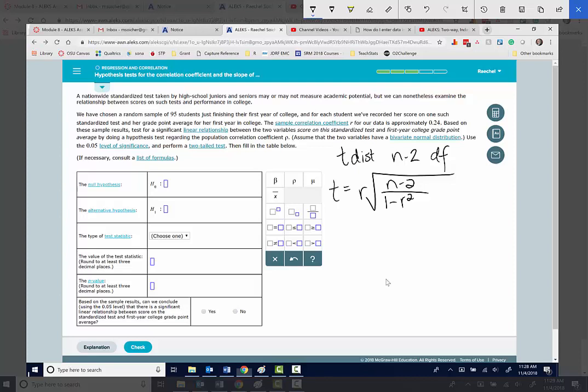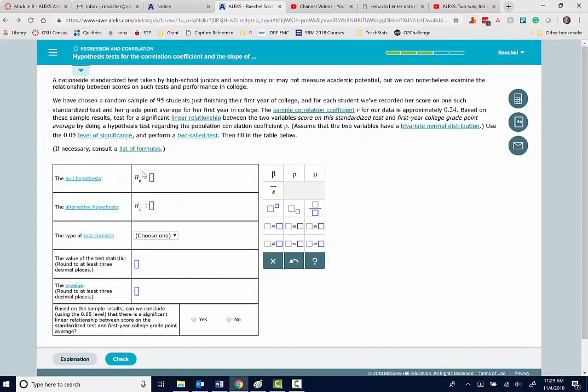For our null and research hypotheses, we're going to use the population correlation coefficient, the Greek letter rho, to denote that in our hypothesis testing. Our null hypothesis is that the population coefficient is equal to 0, and our research hypothesis is that it is not equal to 0, which is basically just to say we do have a significant correlation.